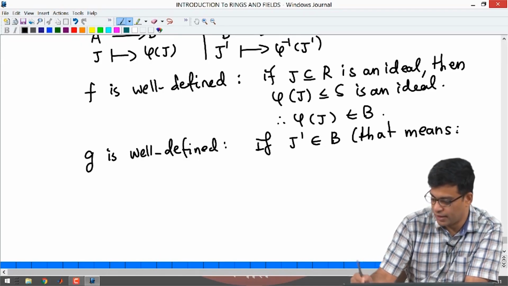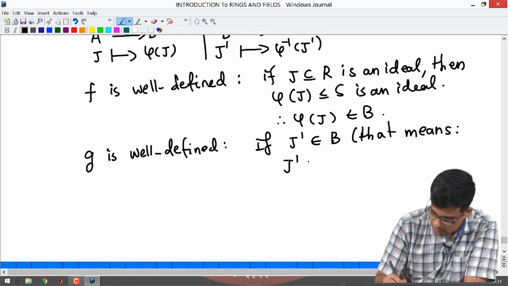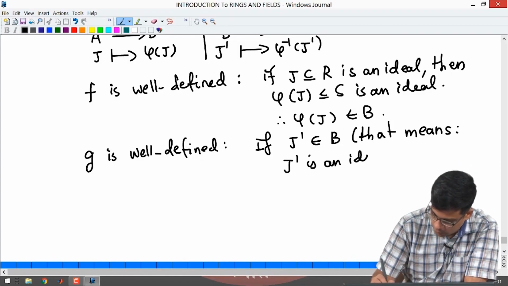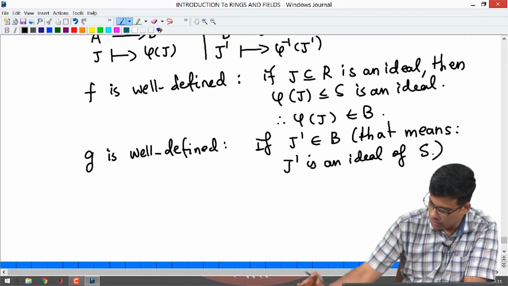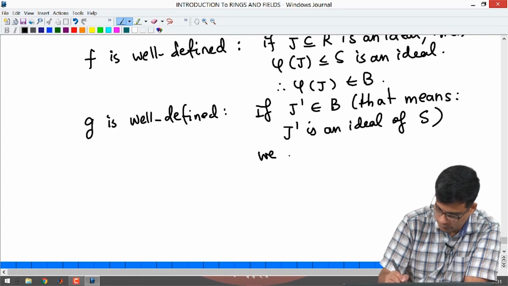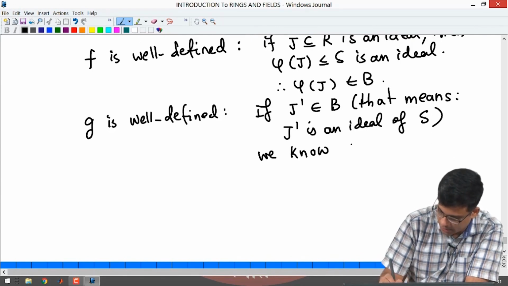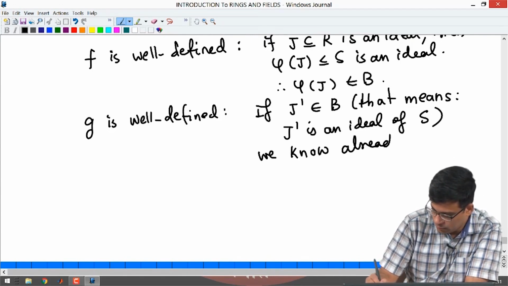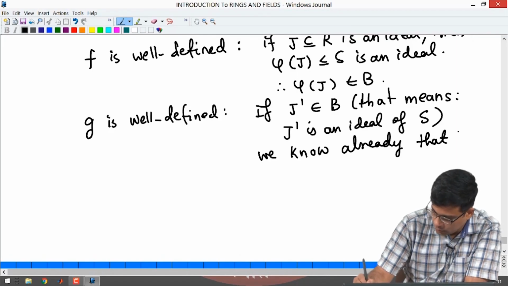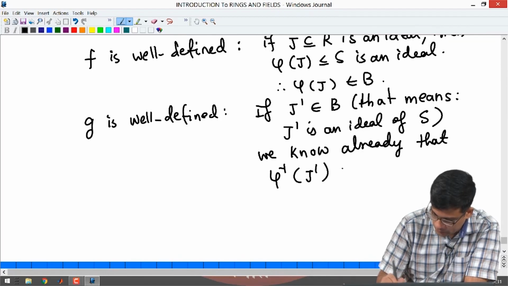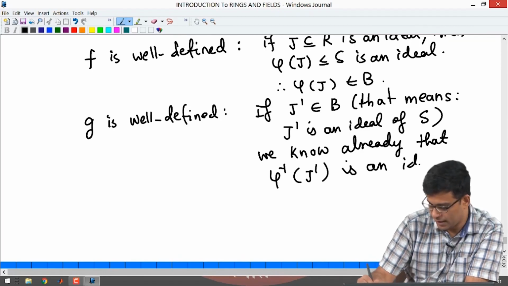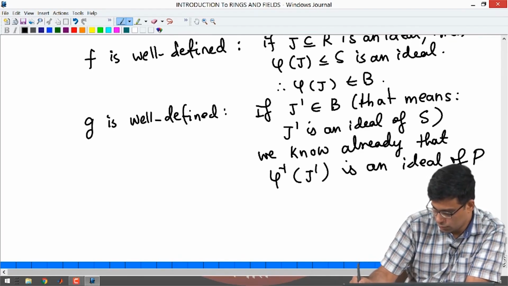Remember, B is the set of ideals of S, that means J prime is an ideal of S. We have to show, so okay, I will first write this, we know already that phi inverse of J prime is an ideal of R, right.